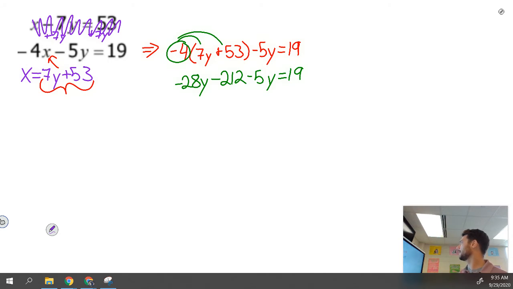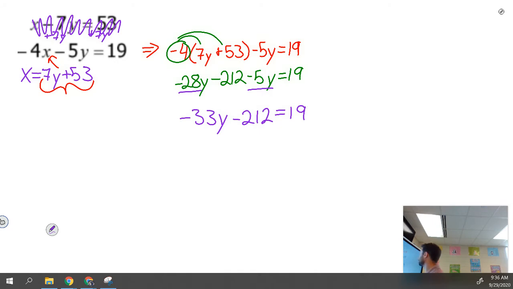All right, so if we keep going, we'll combine our like terms. Negative 33y minus 212 equals 19.